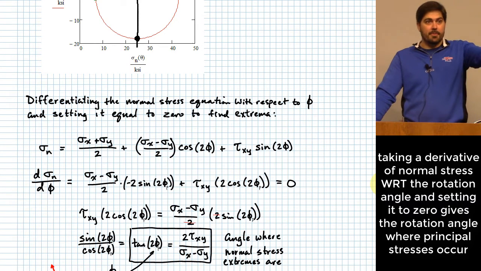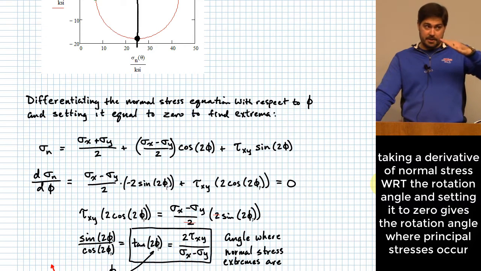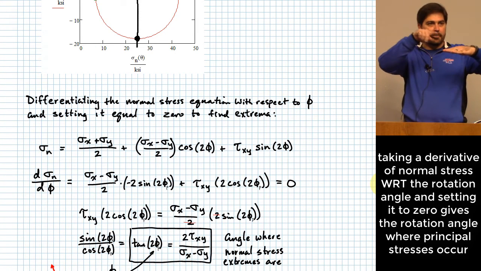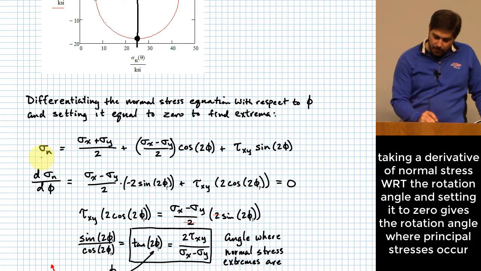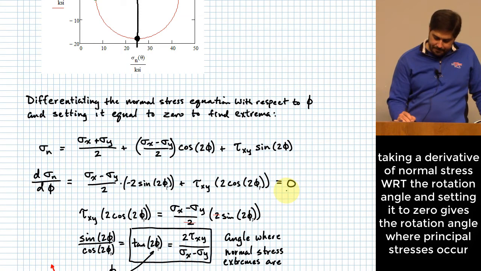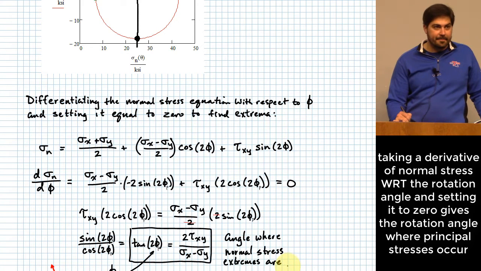You can find the maximum or the minimum that something becomes basically by taking a derivative, which finds a slope at any point, and you set that equal to 0, and that finds where you got to maximums, either maximums or minimums, right? So I'm doing that here and taking the formula that I had for normal stress, differentiating with respect to phi, and setting it equal to 0. Once we do that, it allows us to find a particular angle where normal stress extremes are.